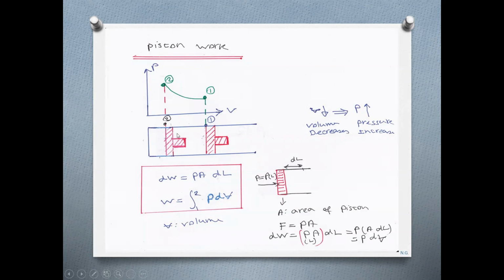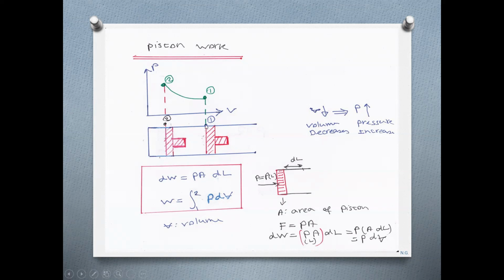And if force is constant, PA times this distance is work. But the thing is, pressure is not constant, it can be a function of displacement. So you multiply pressure by the area, and that is force, because pressure is force per unit of area.